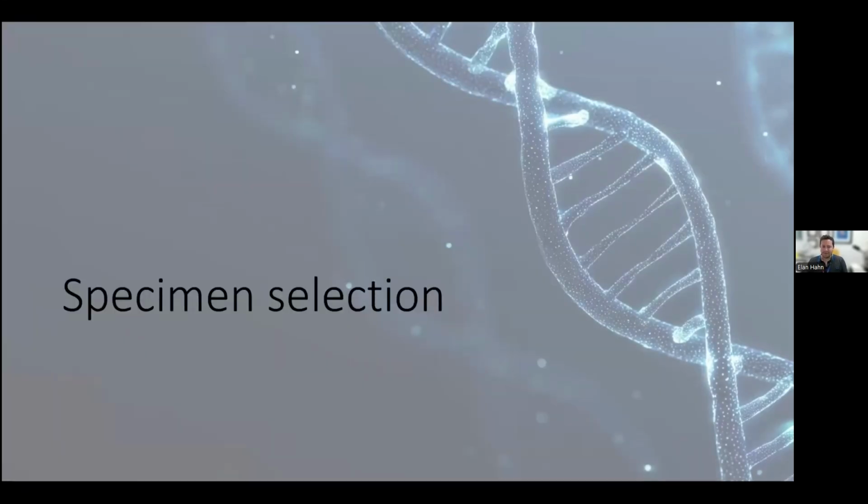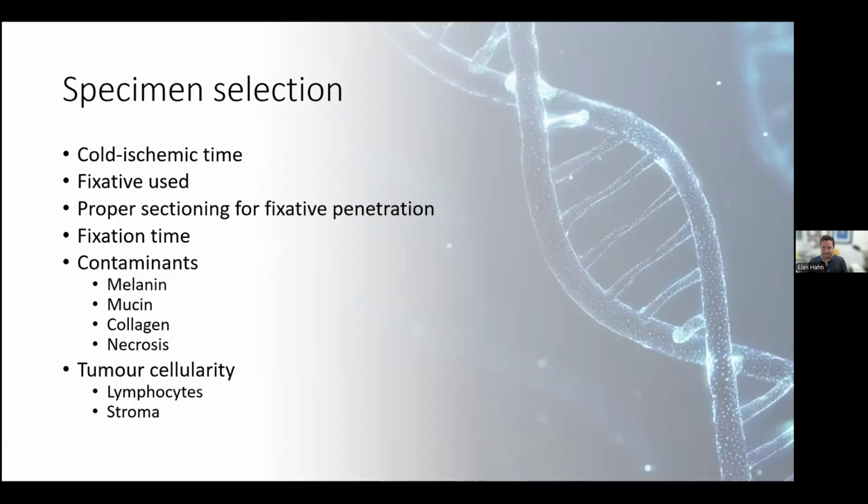First we'll start off with specimen selection. Before a specimen comes to us, there are important things to be aware of, and this is really that first step in the specimen journey. It's removed from the patient, and then it comes across our desk. Some specimens go directly to the molecular lab, but as this course is targeted towards surgical pathologists, the specimens we're talking about will come across our desk and our microscope.